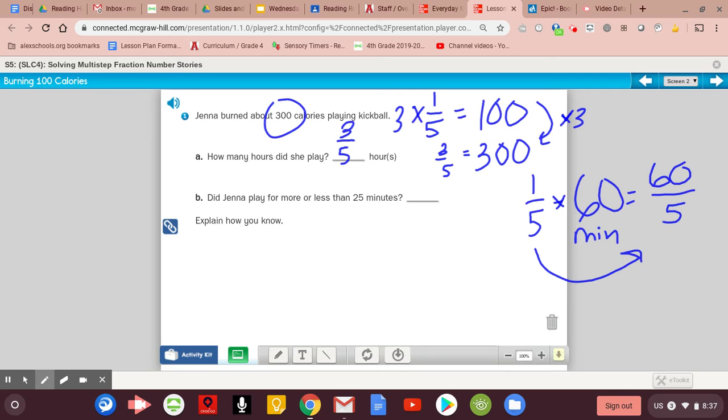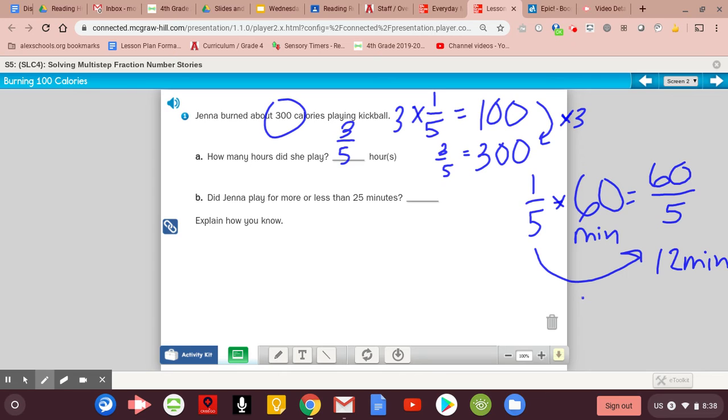I know that 5 can go into 60 12 times. I started with 5 times 10, gave me 50, and then I needed to add on 2 more sets of 5 to give me 12, which will also give me 60. So 12 minutes is 1/5. So we need 3/5.